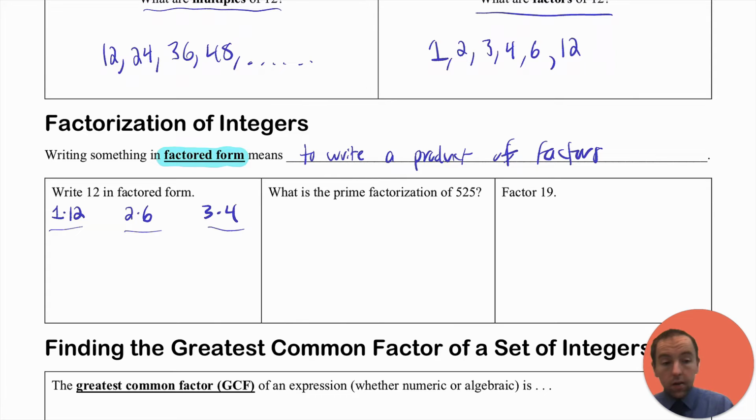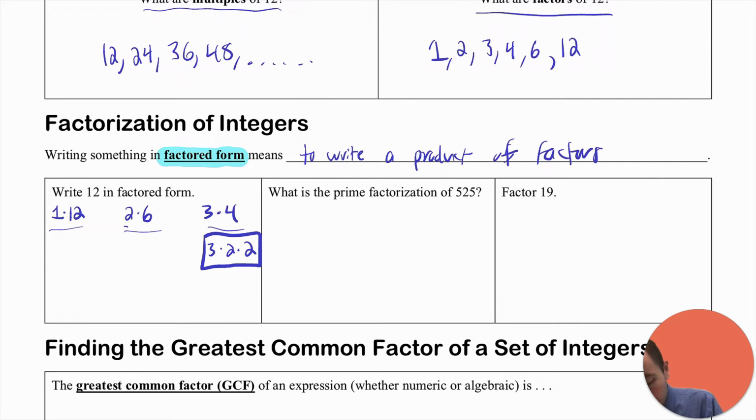So if I take the 3 times 4, because I know 4 is 2 times 2, I could make it 3 times 2 times 2, and that still equals 12. But then you can't break down 3 or 2 any further because they're all prime. So this would be the best way of factoring 12. And it turns out that every number breaks down to just prime factors.